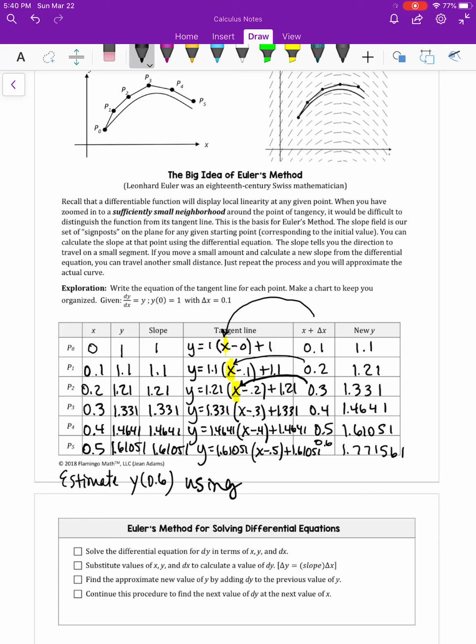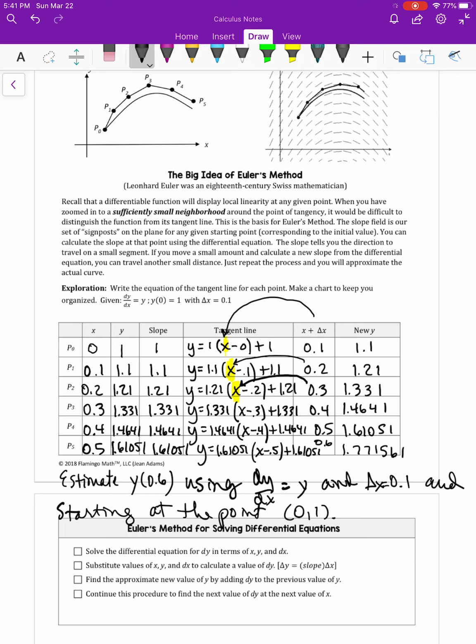Estimate y of 0.6 using the differential equation dy dx equals y, and delta x of 0.1, and starting at the point 0, 1. So it would ask something like that.